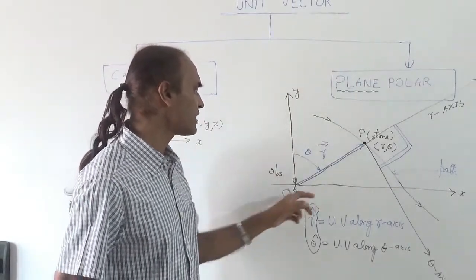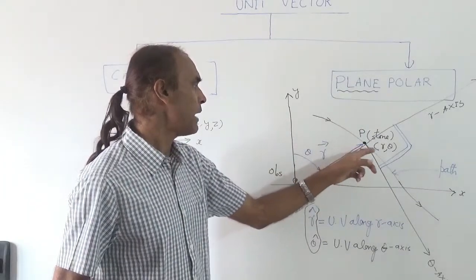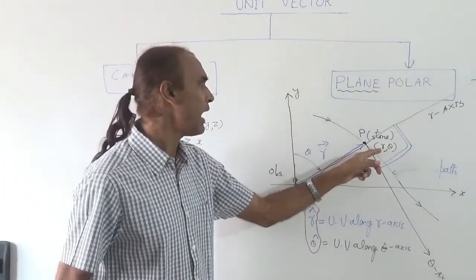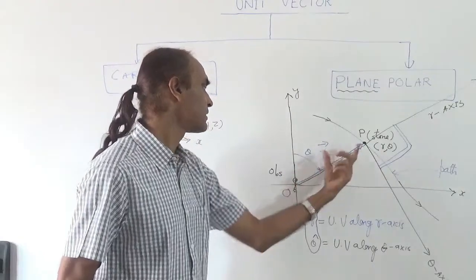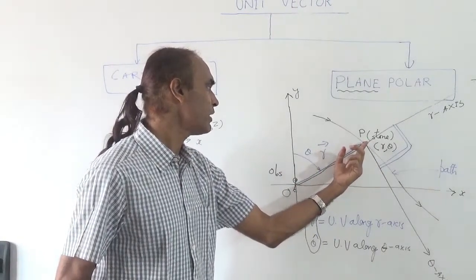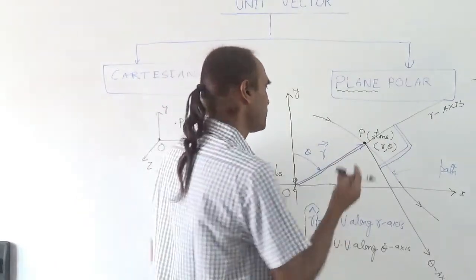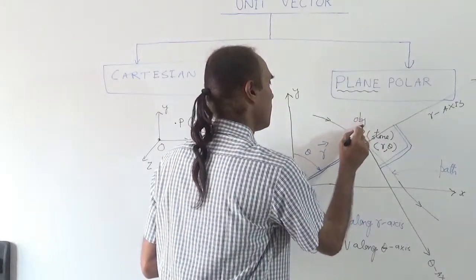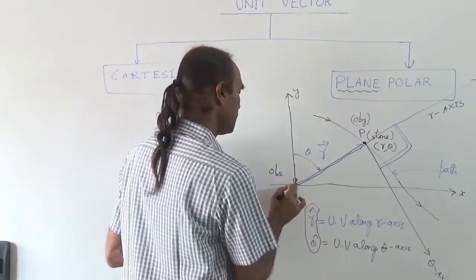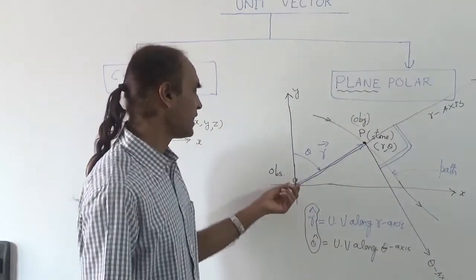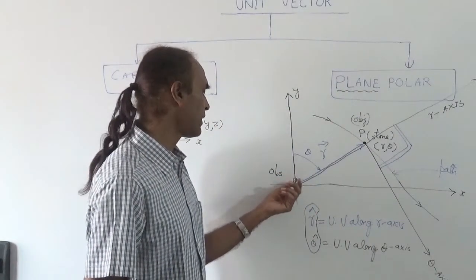In the plane polar coordinate system, we have two coordinates, r and theta. R means the distance between the object, the stone, and the origin, which is the observer. At the origin, an observer is placed.